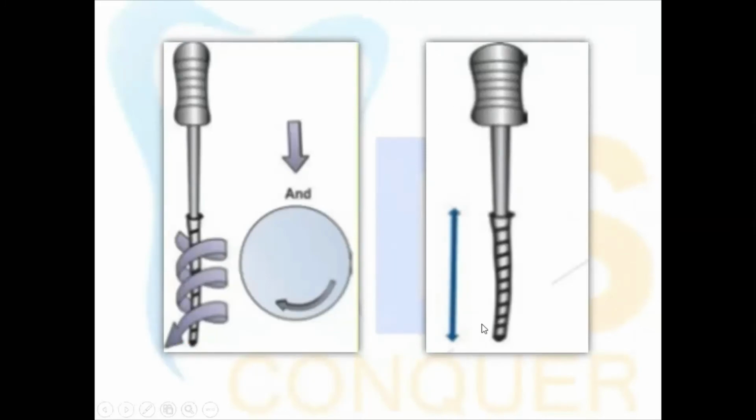That means either in push or pull motion with no rotating motion. So I hope I'm clear about it. The basic cutting motions: reamer is used in push, rotate, and reciprocate, removal, whereas file is used in push and pull motion.